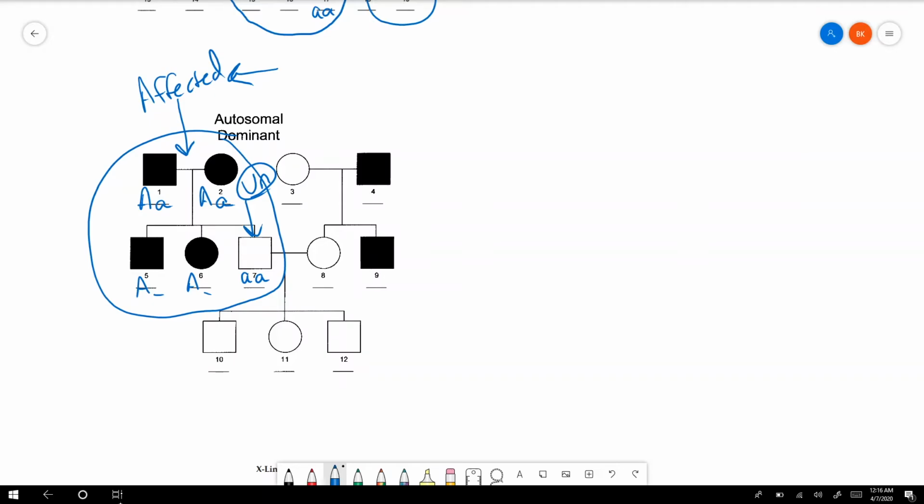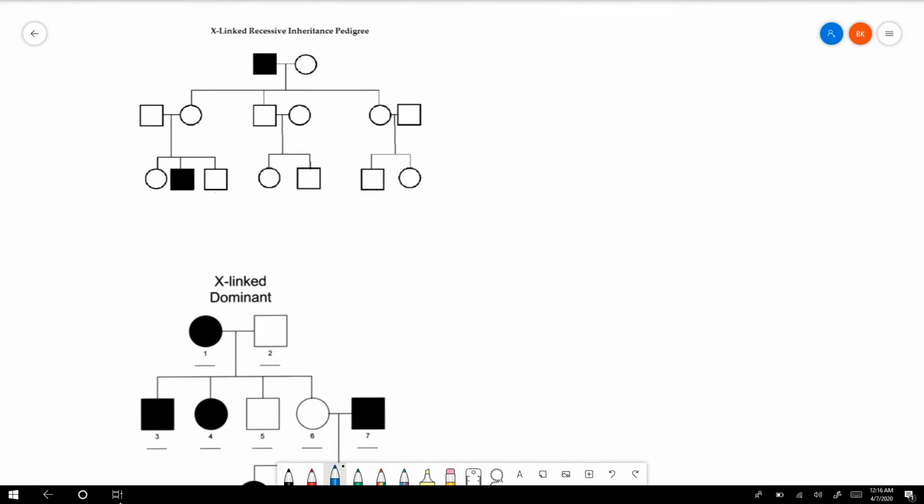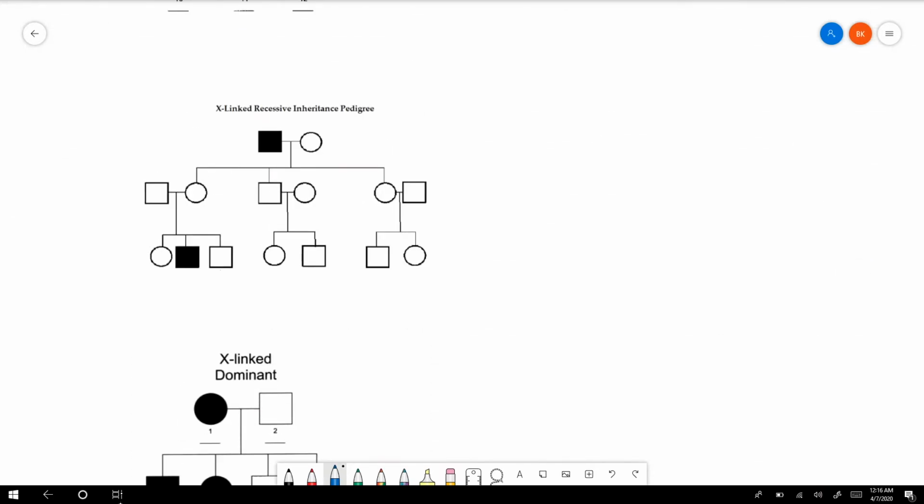So there we go. So now we come down to X-linked. How can we differentiate X-linked from autosomal? First of all, an X-linked trait could be recessive or it could be dominant, and the recessive and dominant things still apply. So what do we notice here? We notice in generation 2 that there is a skip.